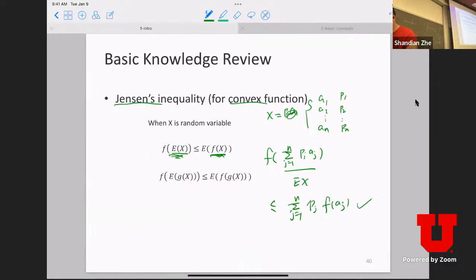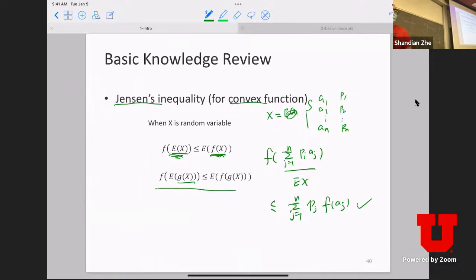So this can give you a lot of results. Quite a few well-known inequalities come from Jensen's inequality. And further, if you apply some transformation over x, call it g of x, g of x is another random variable, so you can apply this again.